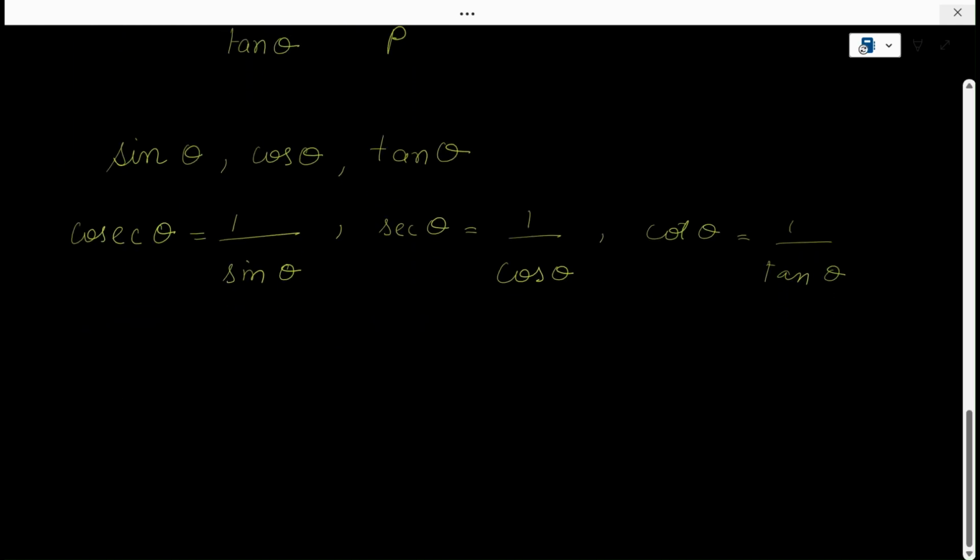We will understand about these further when we study trigonometry in detail.